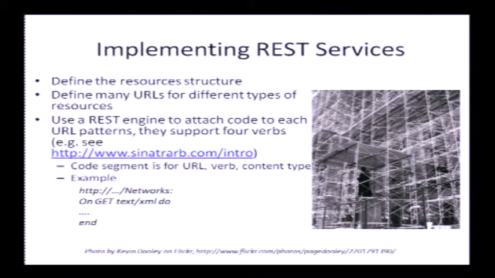For example, with the network, there may be a new department added to the computer science department, and there may be a new network. You don't know the URL yet, but you know the URL pattern. So you say that this URL pattern means a network for that department. Then for different URL patterns in your system, you attach code.